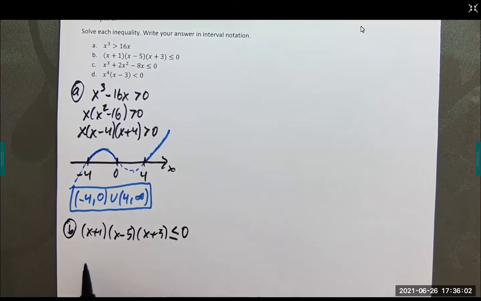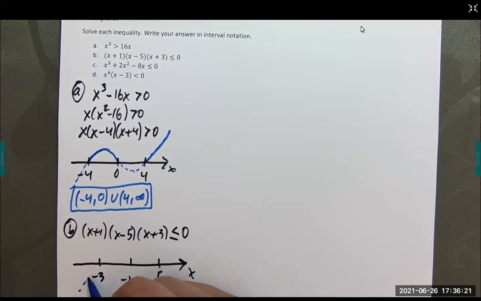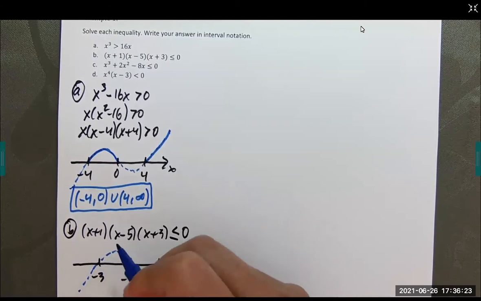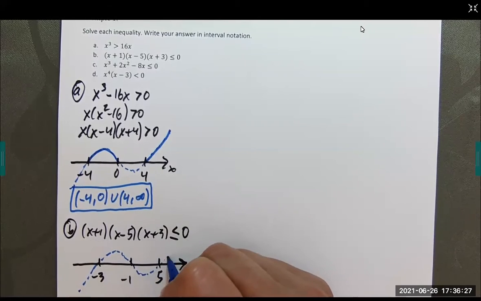Now, again, my critical values here are -3, -1, and 5. Now, this is once again a third degree polynomial with the lead coefficient positive. So again, I'm going to start down. It's going to come up, circle down here, and then back up.